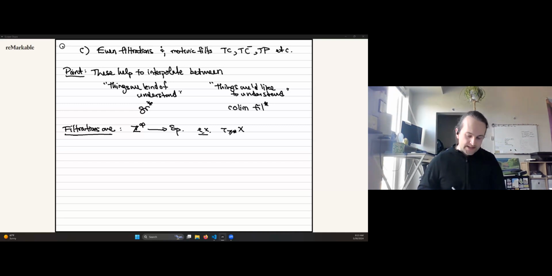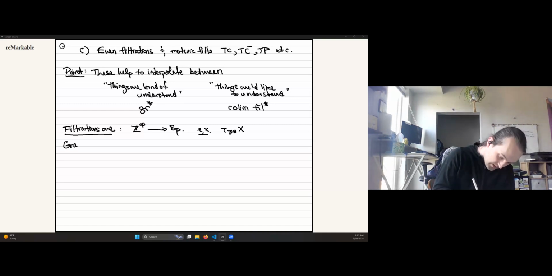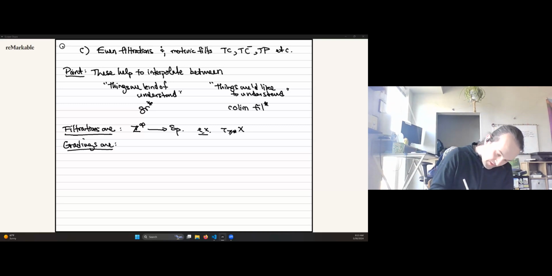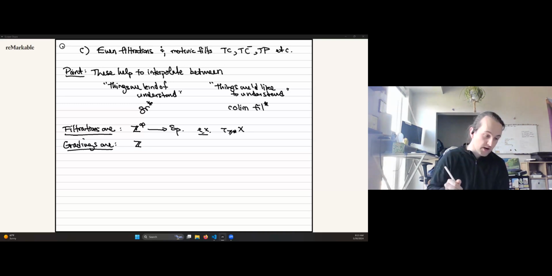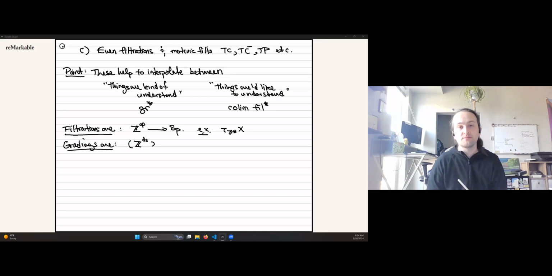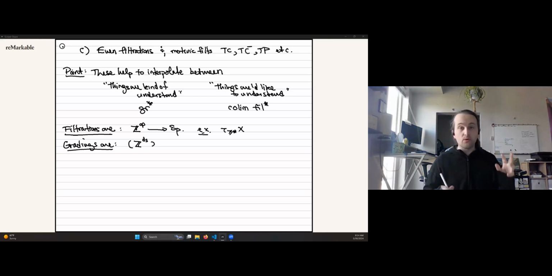And what do I mean by a graded object? So gradings are going to be functors from Z, but now with a different category structure. I'm not going to work with the poset structure. I'm just going to think about it as a discrete category. So it's just objects, all the vertices, and then just the identity self maps.